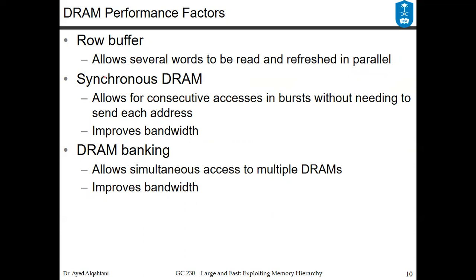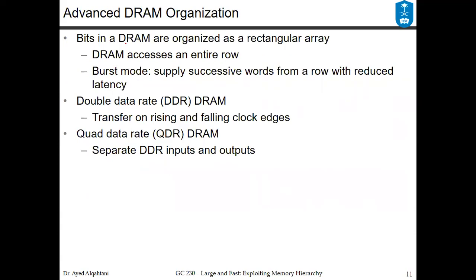This is one of the performance factors among many. In the advanced DRAM organization, the bits in a DRAM are organized as a rectangular array. The best case is a square array, and the DRAM accesses an entire row. In the burst mode, you supply successive words from a row with reduced latency.